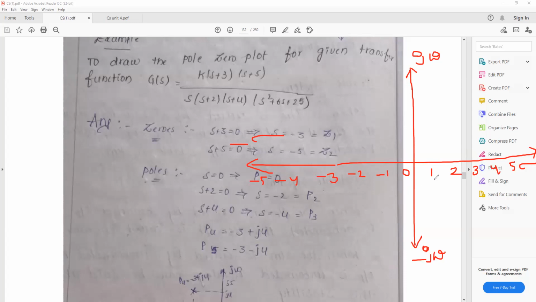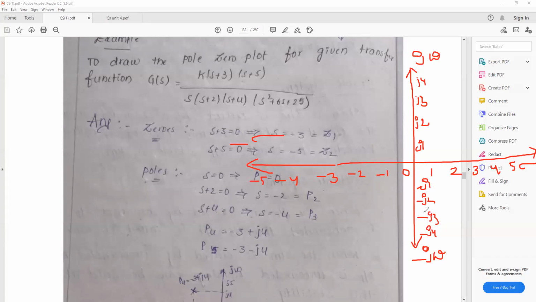On the j omega axis, plus j1, plus j2, plus j3, plus j4, and on the negative imaginary axis, minus j1, minus j2, minus j3, minus j4.